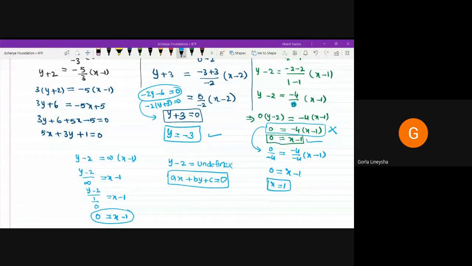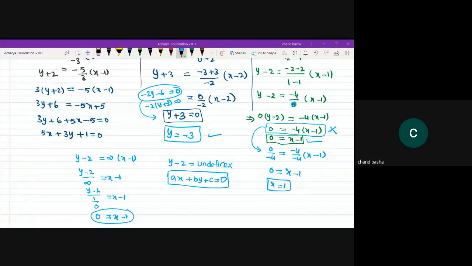Sir, what I am saying is that we can do it directly in that method, no, sir. That is what I'm telling. I don't want to introduce infinity in this concept. It will create a problem for 8th and 9th class students, so we never introduce this infinity concept. Okay, sir. Thank you, sir.